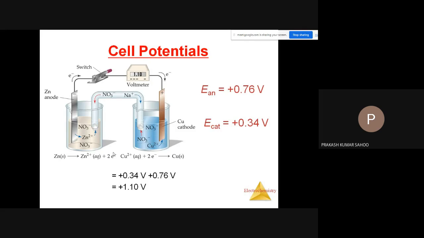By going through this reaction, a point will be reached where the zinc 2 plus ion and copper 2 plus ion concentrations become equal, and they will be in equilibrium, and the voltmeter will show zero reading, 0 volt. At that time, we can say that an equilibrium is reached between the zinc electrode and the copper electrode.